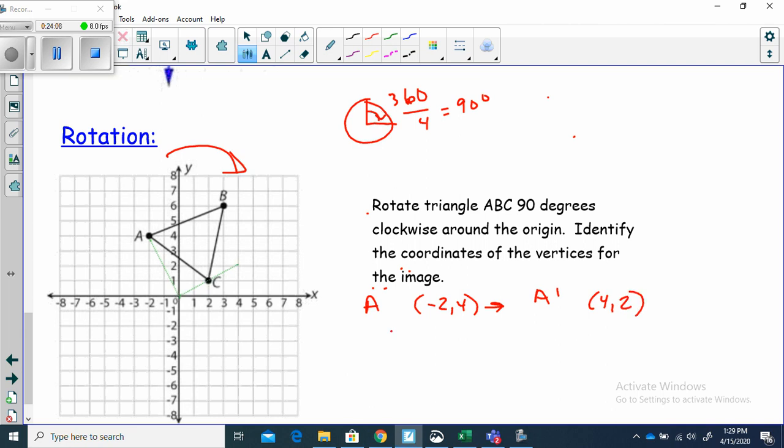Okay, let's look at B. B is currently at 3, 6. Let's see where B goes to.